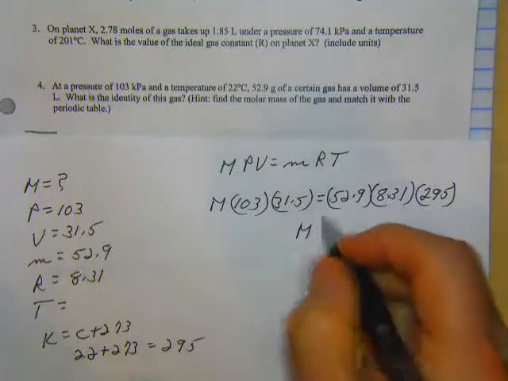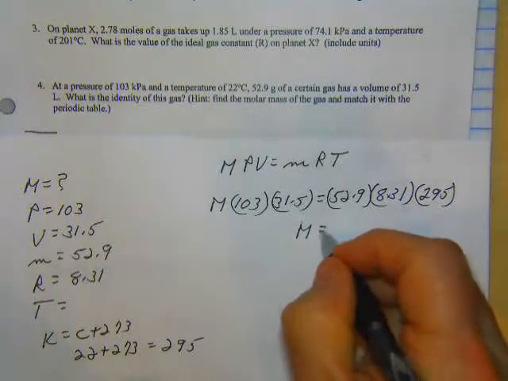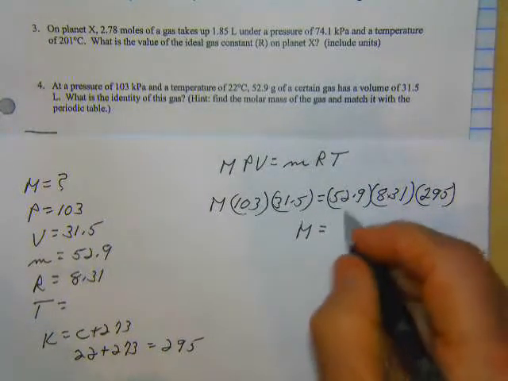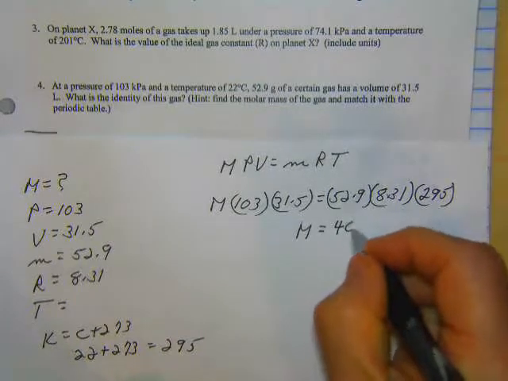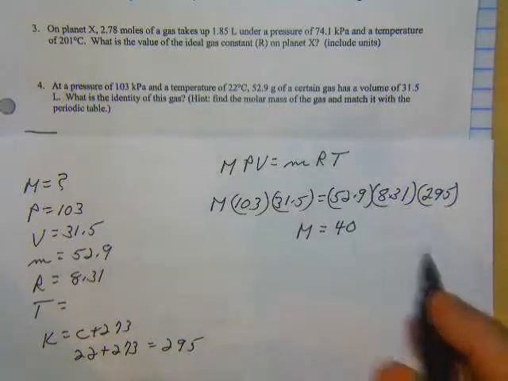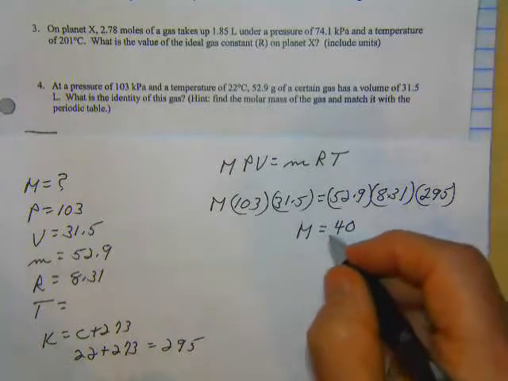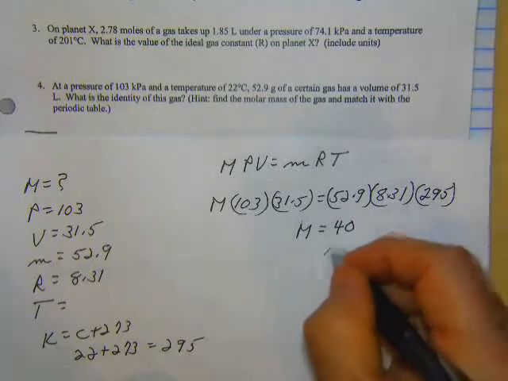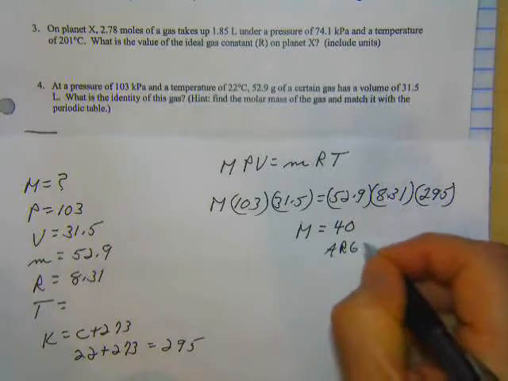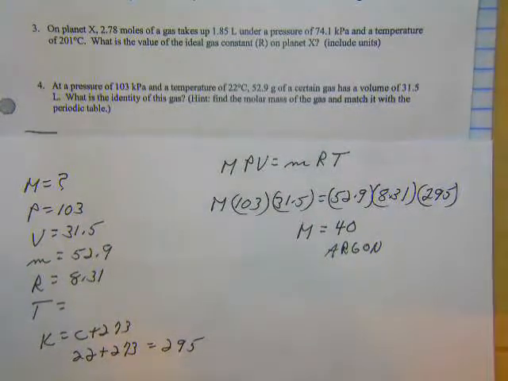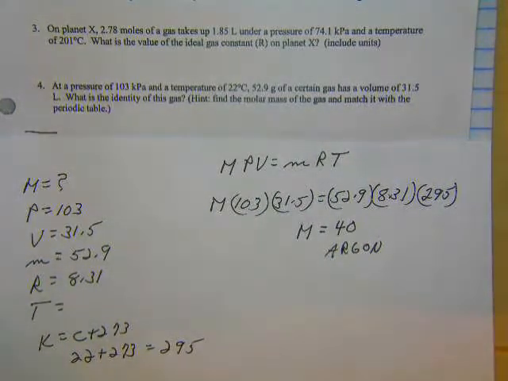So M is going to equal 40, if my math is correct. And if you look on the periodic table, you'll find that this is the mass for the gas argon. Alright, so I'm going to do problems 5, 6, and 7 in the next video.